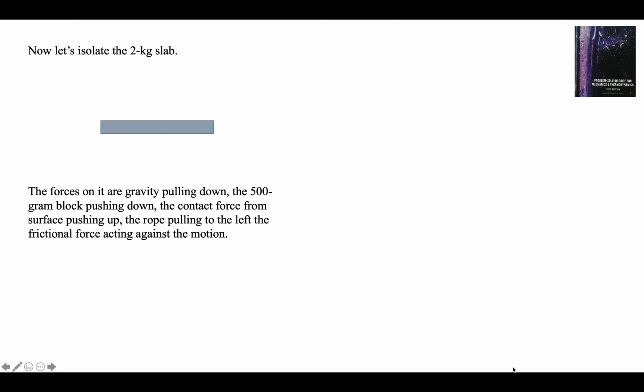Now let's consider the 2 kilogram slab. There's the slab. What are the forces on the slab? We have gravity pulling down. The 500 gram block is pushing down, right there. The contact force from the surface upon which the 2 kilogram slab rests is pushing up. The rope is pulling to the left, and the frictional force to the right.